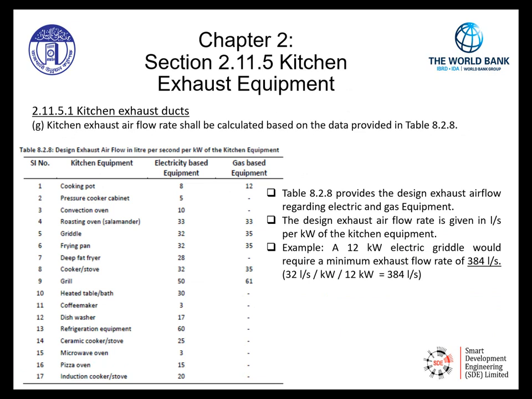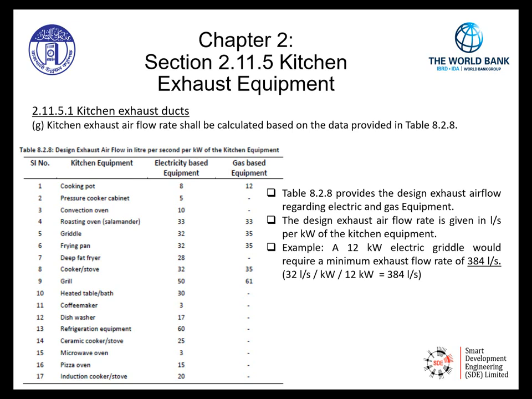Item G indicates that the kitchen exhaust airflow rate shall be calculated based on the data provided in Table 8.2.8. Now this table, as indicated below, provides a designed exhaust airflow rate regarding electric and gas equipment.